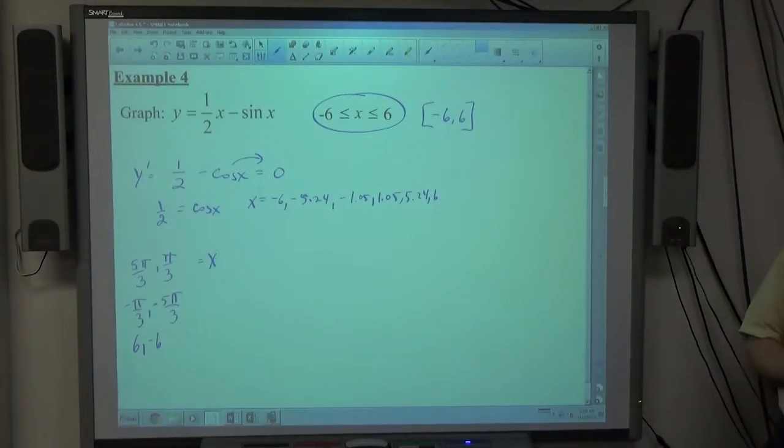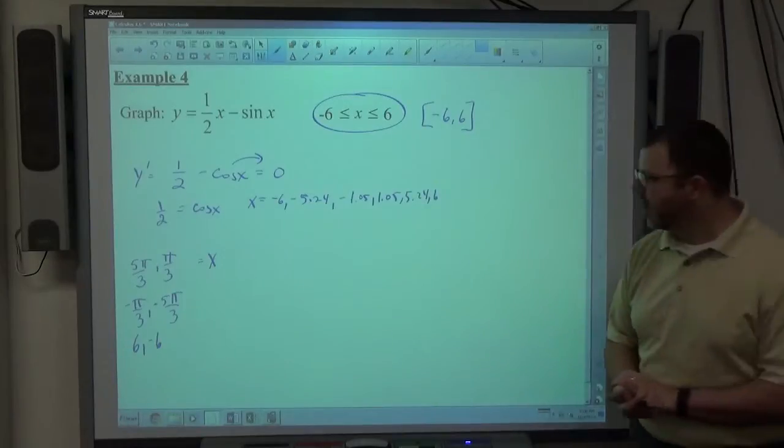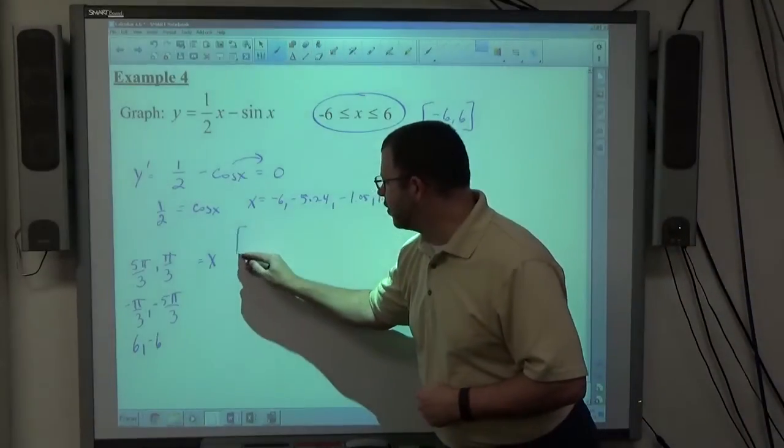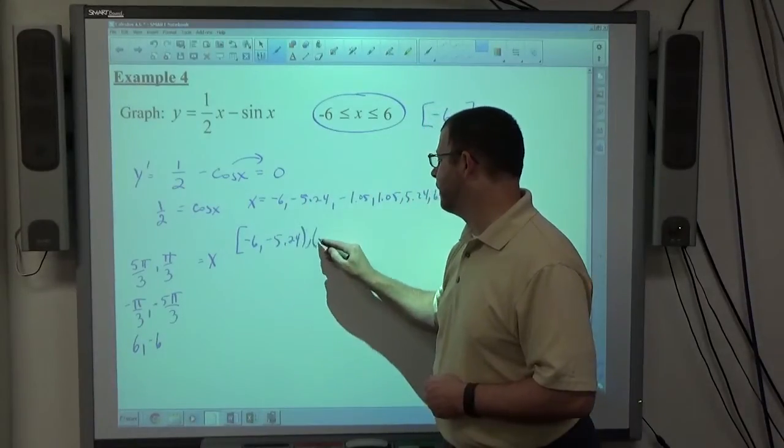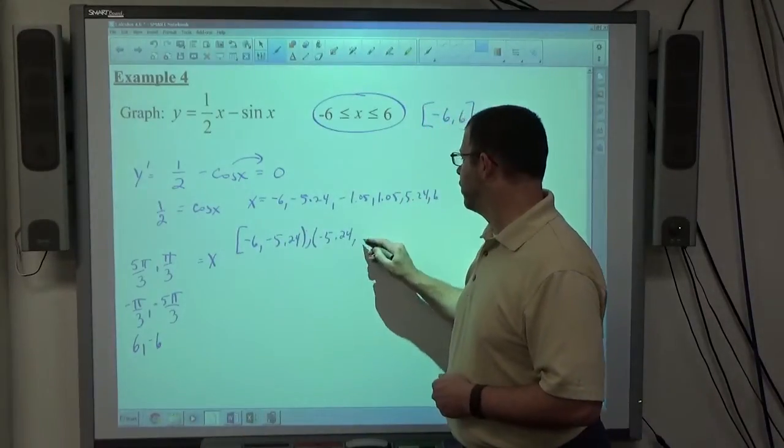In numerical order. Again, as decimals, we're graphing things, we're going to be ballparking it. We have pi over 3 and 1.05. I prefer to graph 1.05. So if I set up my intervals, starting -6 bracket to -5.24, everything else is parentheses until we get to the 6.